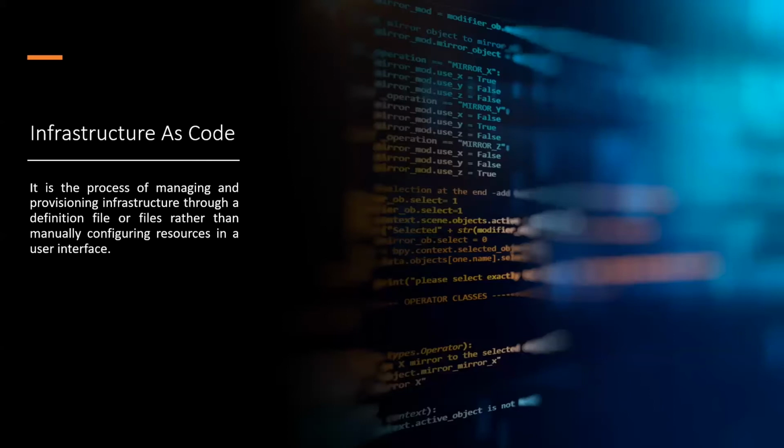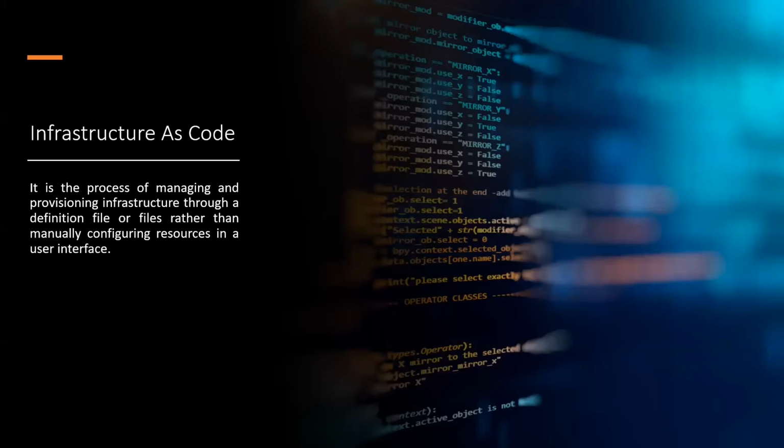One of the critical components of this trend is called infrastructure as code. And it is what we are going to talk about now. Let's start by defining infrastructure as code, or IaC.